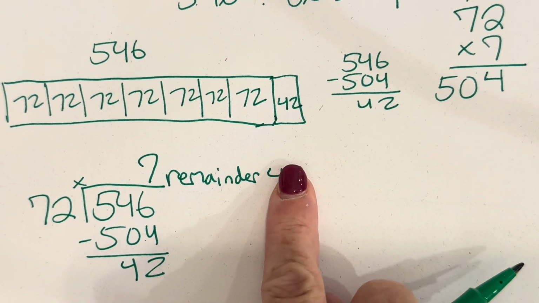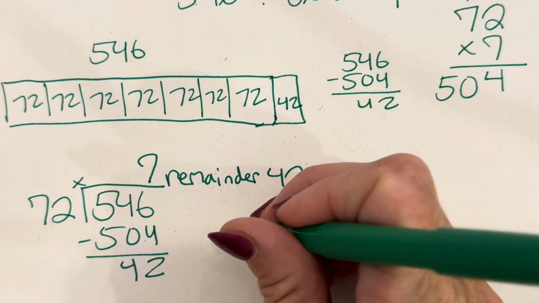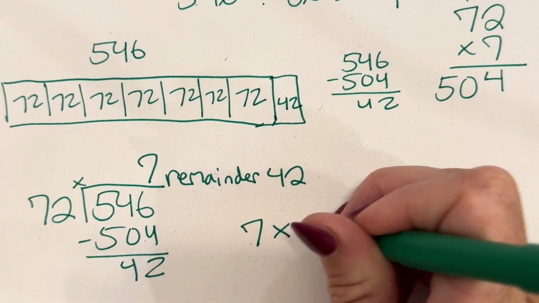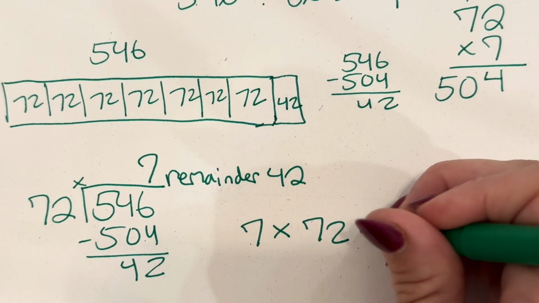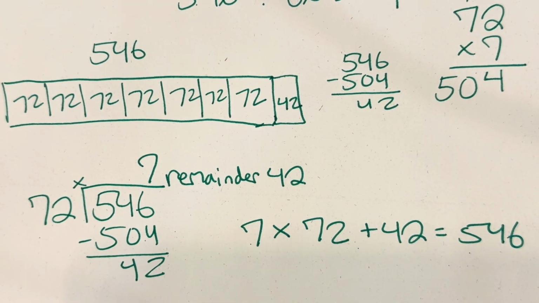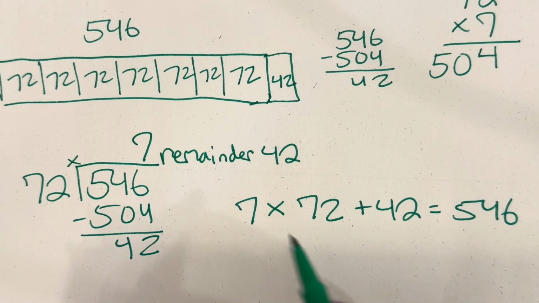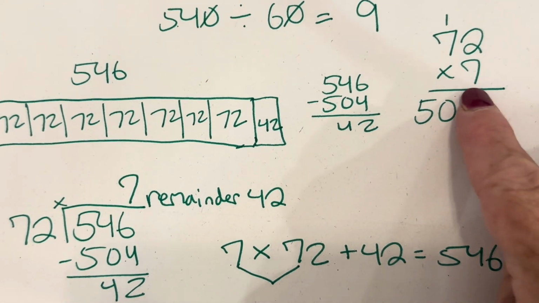My remainder is 42. And if we wanted to check this, we'd have 7 times 72. So 7 groups of 72 plus my remainder should equal 546. Now I've already figured out what 7 times 72 is up here.